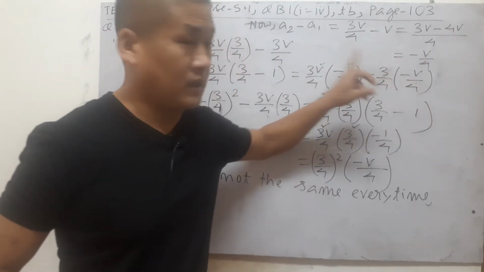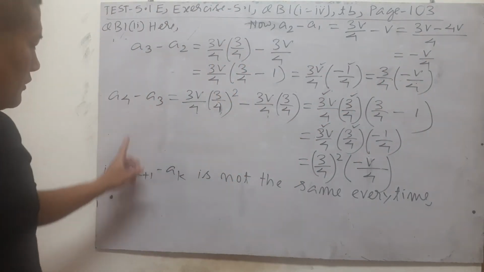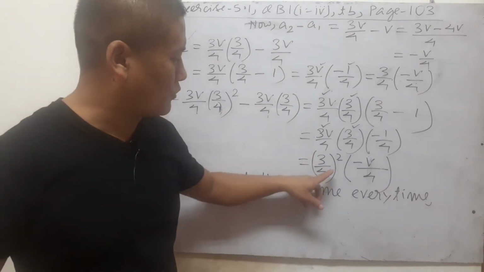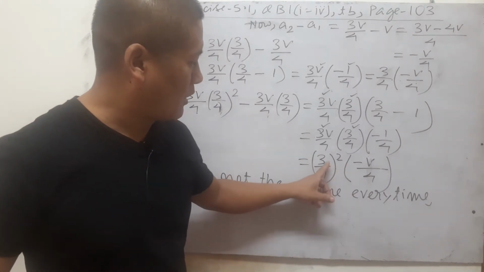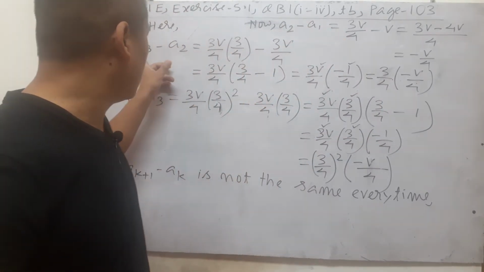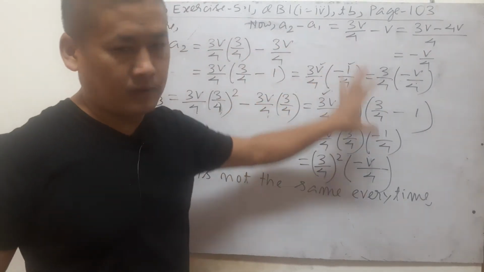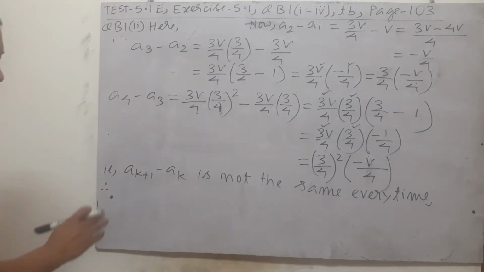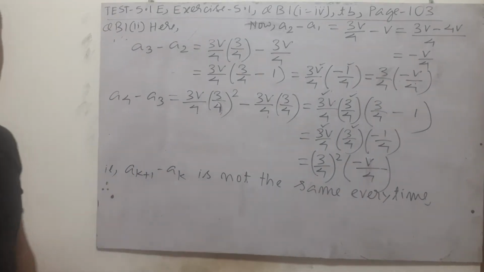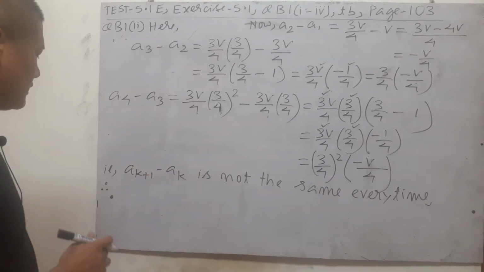So it's the same but with an extra factor. A4 minus A3, the next A(k+1) minus A(k), is (3/4)² into minus V by 4, which is again not the same as either A2 minus A1 or A3 minus A2. None of them are the same. So if A(k+1) minus A(k) is not the same every time, that means they do not have a common difference.